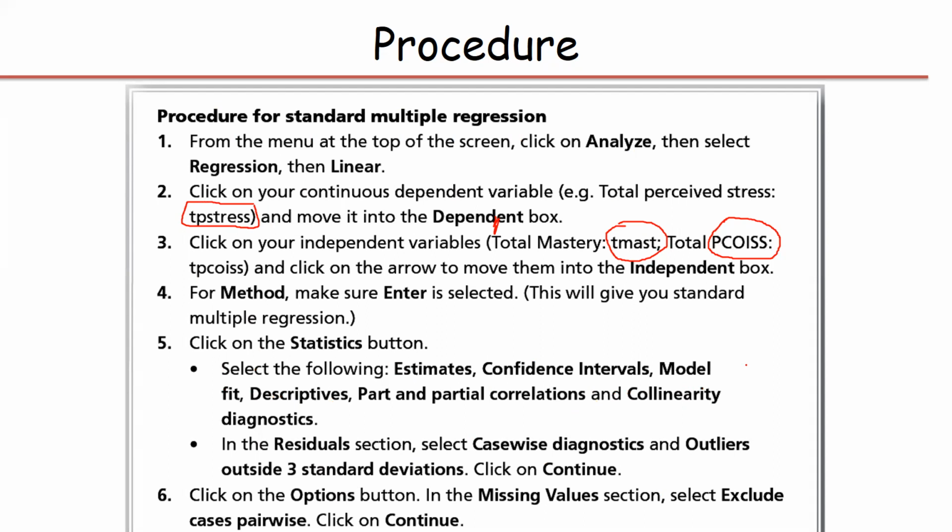In the Residuals section, we have to select casewise diagnostics and outliers outside 3 standard deviations. If we have some values which are away from 3 times the standard deviation, that should be assumed as an outlier. In the Missing Values section, we have to exclude cases pairwise and click Continue.